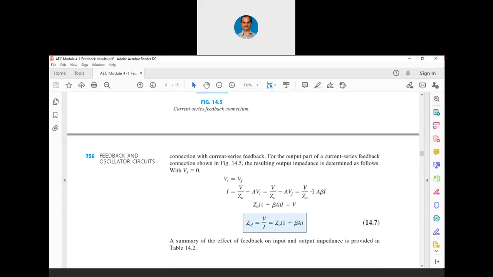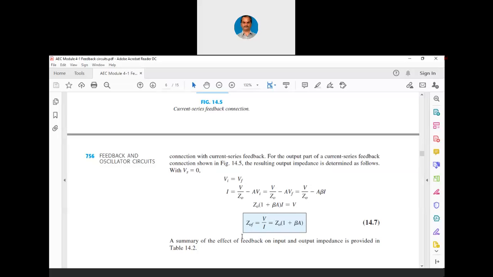That is V by Z naught minus A into beta into I, because it is now a current series feedback. So Z naught into 1 plus beta into A into I equals V, or ZOF is nothing but V by I. The output impedance with feedback is Z naught into 1 plus beta into A.